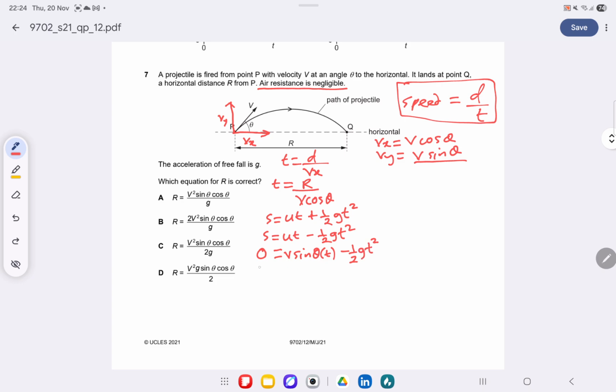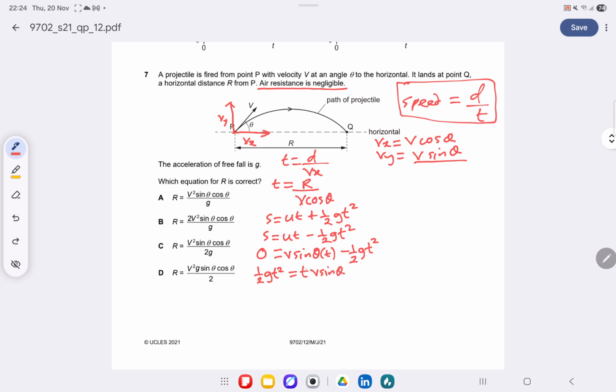So if I bring my half gt squared here, half gt squared will be equal to t V sine theta.